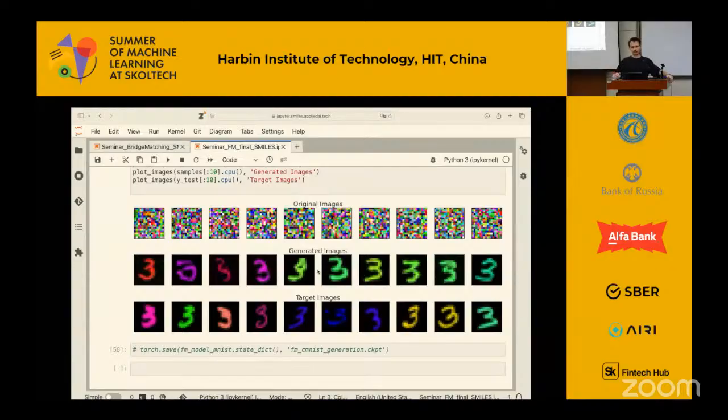Like if you have two distributions that do have some pairing, for example a clean image and a corrupted image, then you can learn flow matching on this pairing. Yes, you can, but in practice it would not work very well because flow matching is deterministic. Yeah, because it seems like there could be intersections of trajectories, and it will lead to non-one-to-one mapping.